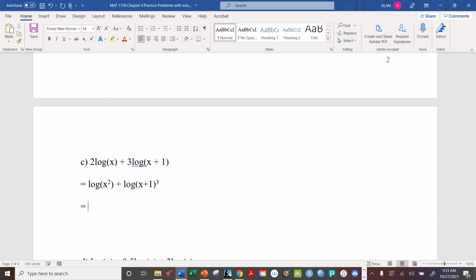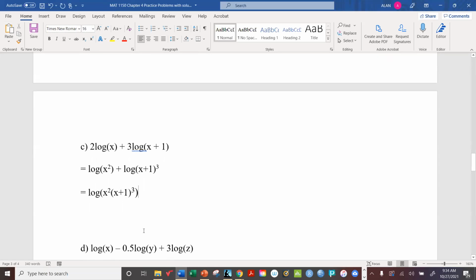And since it's a sum, it's log x squared times x plus 1 cubed. And I think that's as simple as it's going to get. Yeah, that's it. We can't take it much further. And even then, it's kind of up in the air whether or not this is really simpler, but that's one way we can approach this.